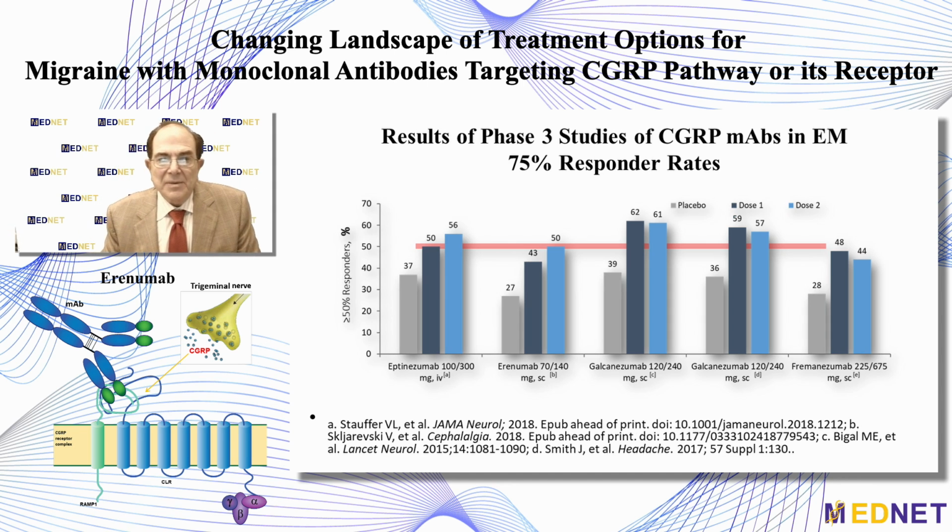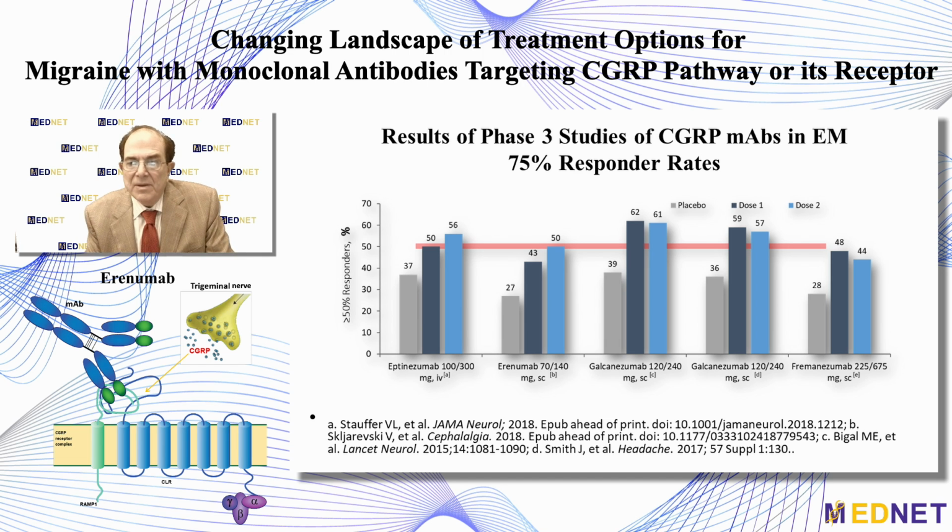And if you look at the episodic migraine, the 75% responder rate, the highest is 62, but the 39 is what the placebo response was. If you look at the lowest, it was 48, but again, the placebo response rate was 28, with a 20-point difference. So again, they're more closely similar than different.